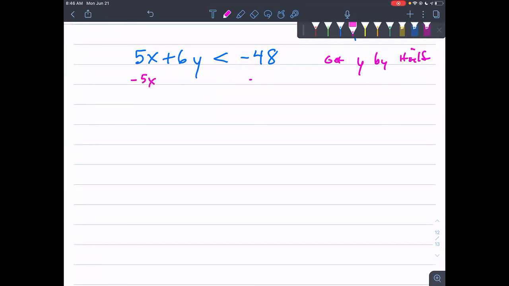So minus 5x. Five x is gone from the left. We've got 6y less than. I'm going to put the negative 5x first.